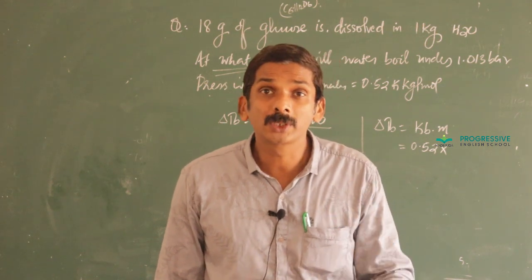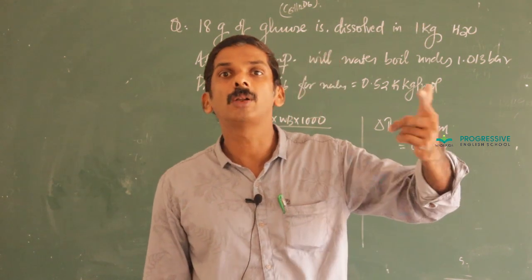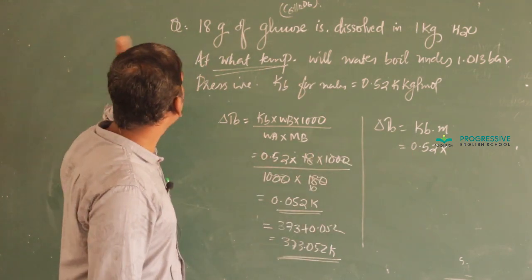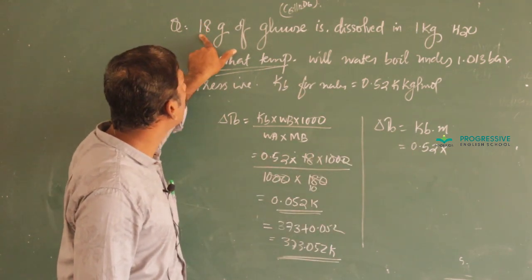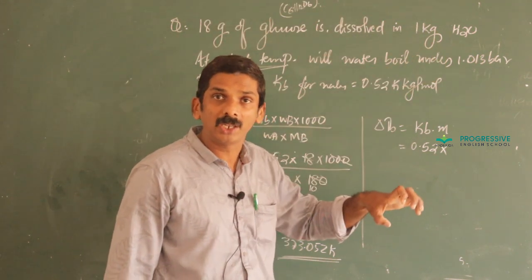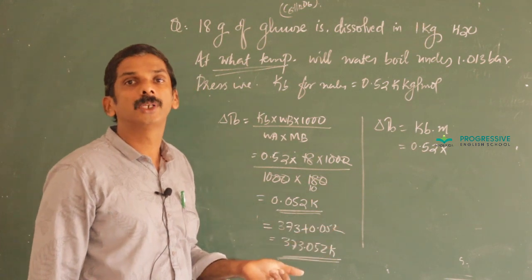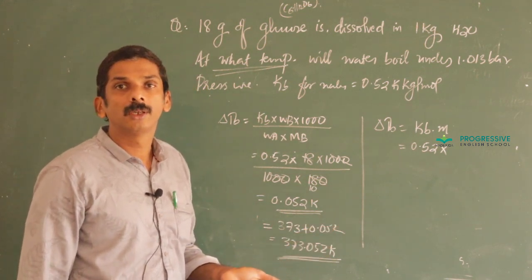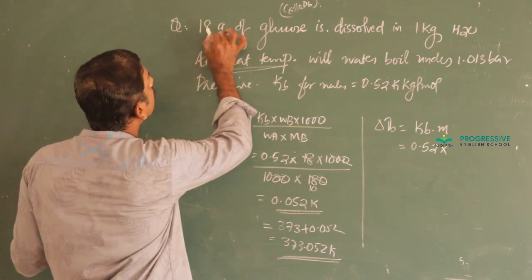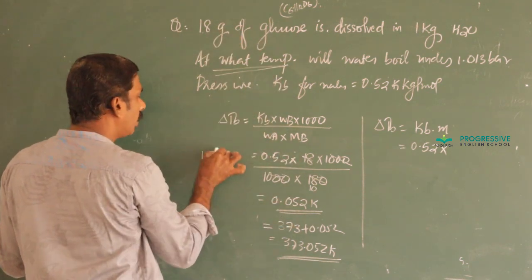Number of moles of solute dissolved in 1 kilogram of solvent. 18 gram of glucose dissolved in 1 kilogram of water means the molality of that solution is 0.1, isn't it? Number of moles of glucose, how can it be calculated?